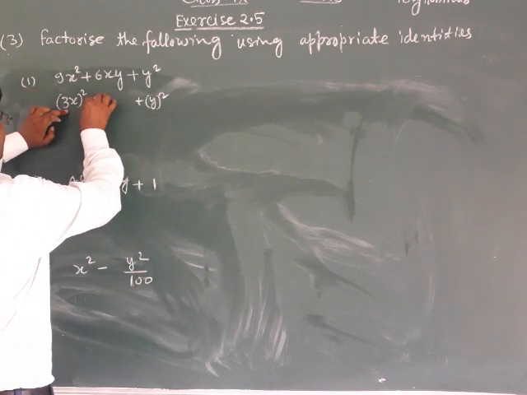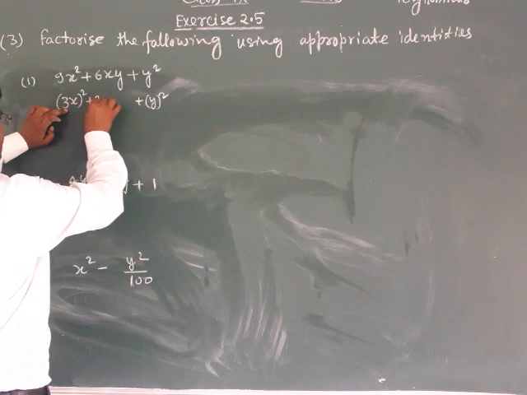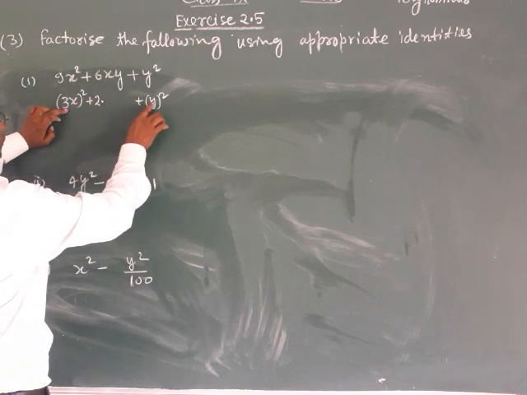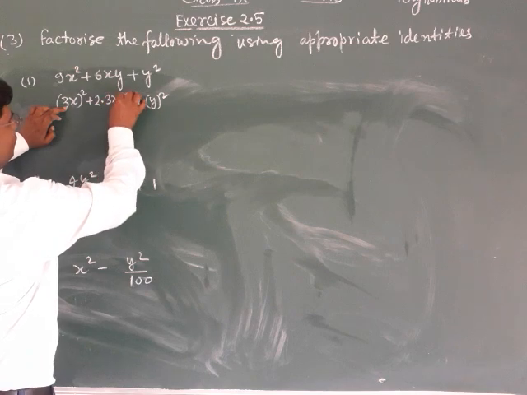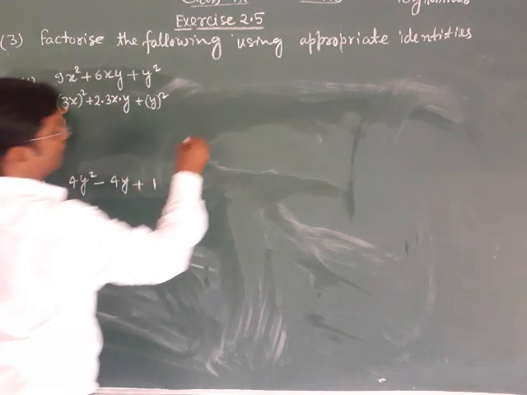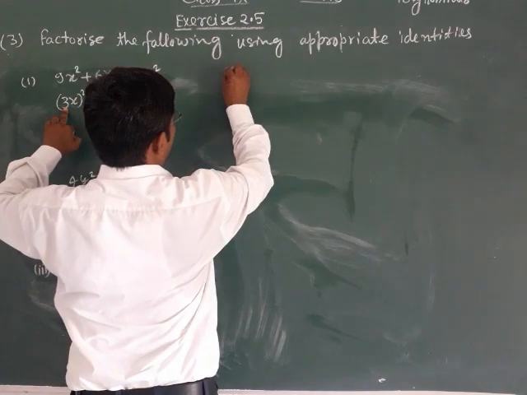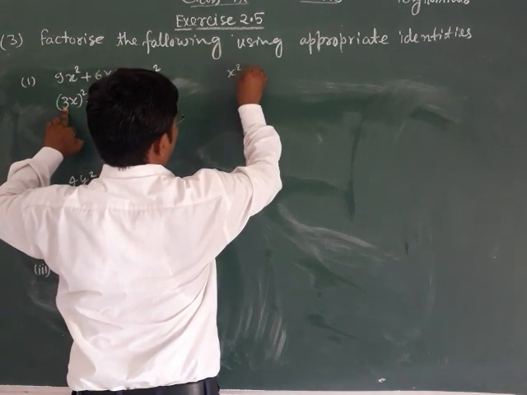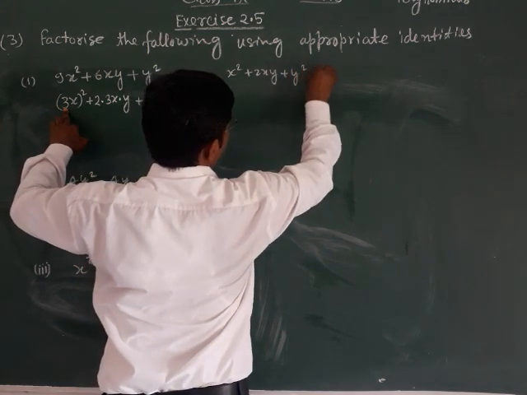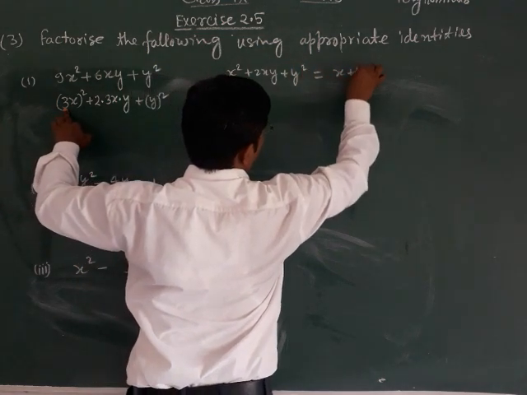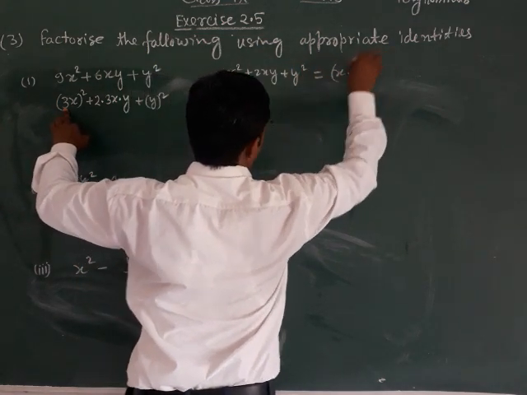So plus 2 times x into y, so 3x into y. So use the identity x square plus 2xy plus y square is equal to x plus y whole square.